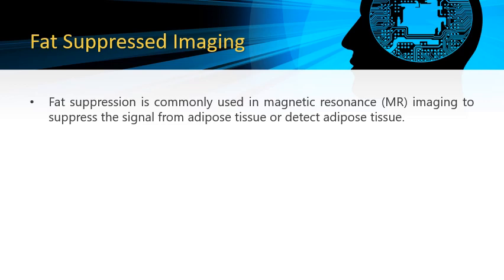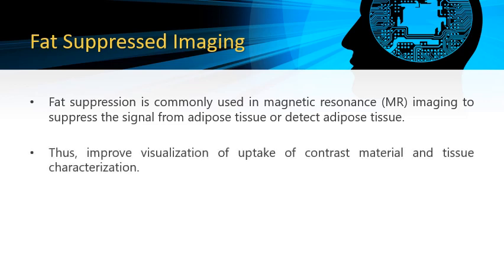So what's the value of this sequence? Why would we like to use it? Usually we use this technique for two main reasons. The first reason is to characterize the tissue, whether a lesion contains fat or not, because this will narrow our differential diagnosis. If the lesion contains fat, the differential diagnosis differs from that of a lesion without fat content.